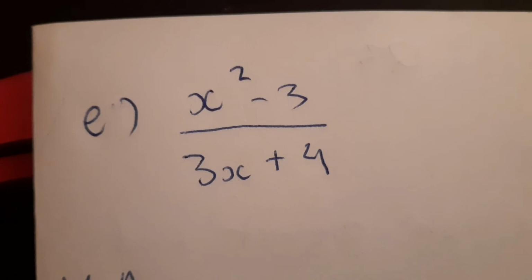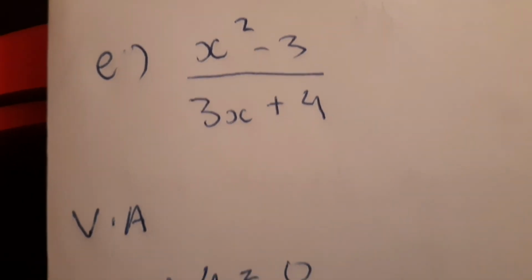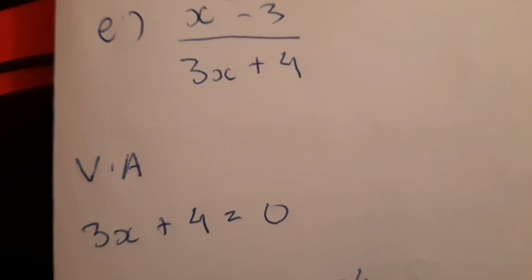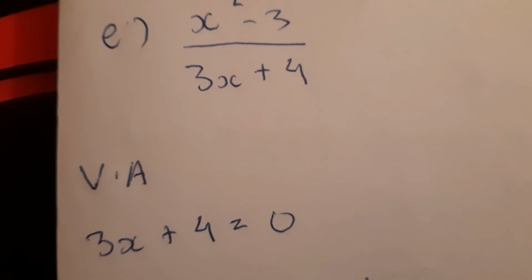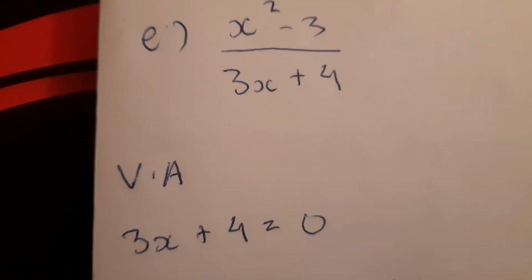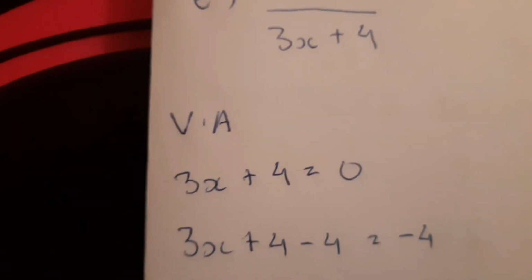For this question, the first thing we're going to find is our vertical asymptote. Because we can't simplify this any further, we're simply going to equate that denominator to 0. When you equate it this way, you're going to make x the subject of the formula. So first, subtract the 4 on both sides.